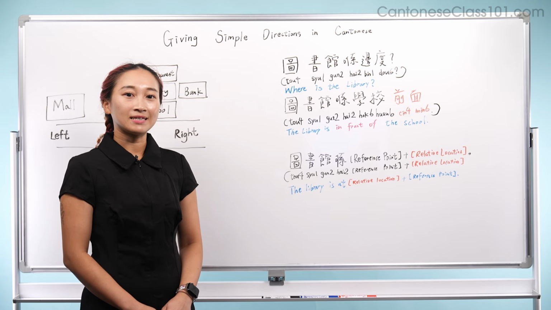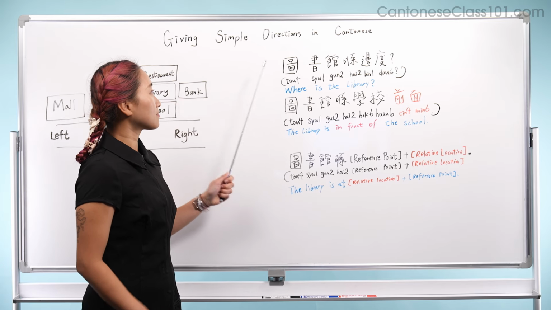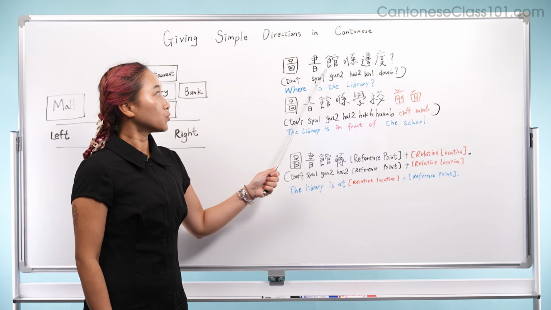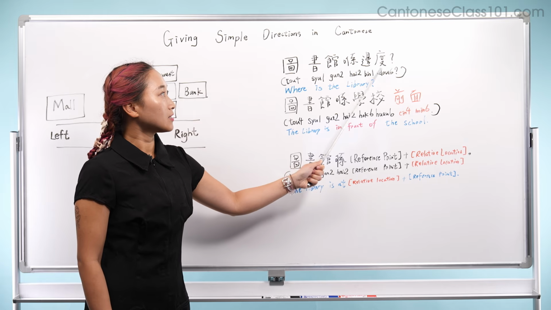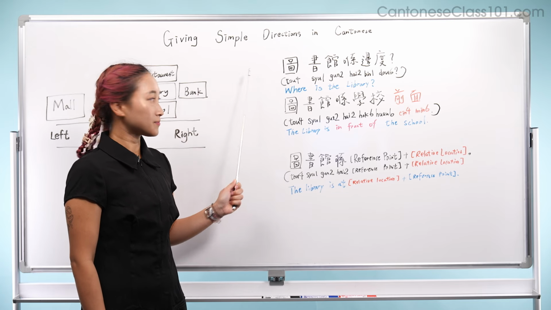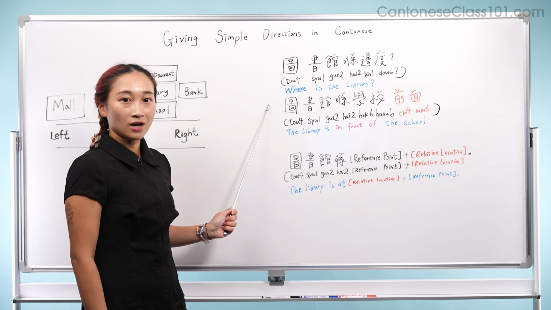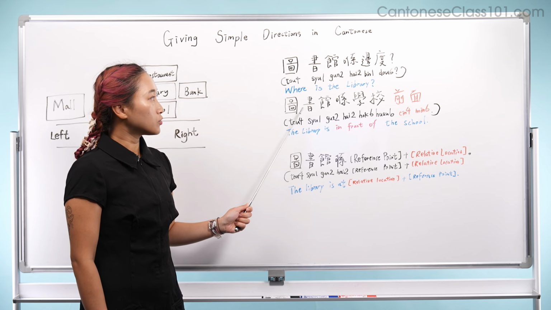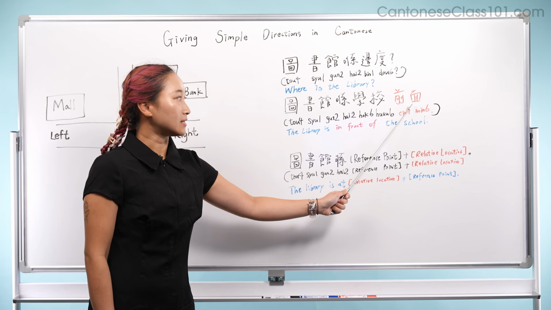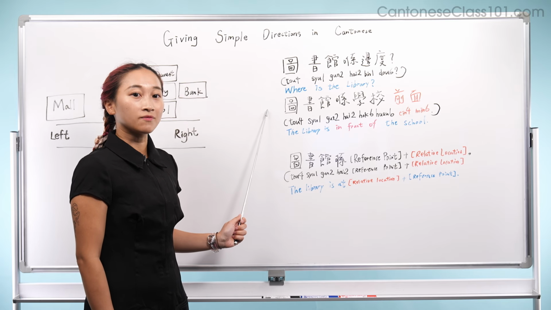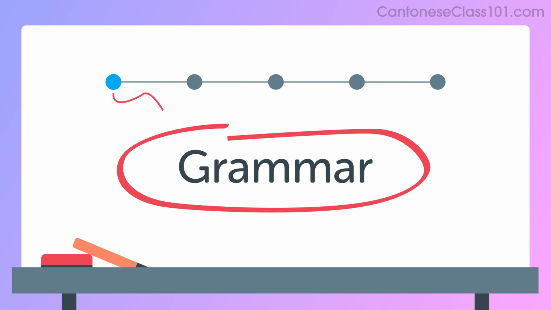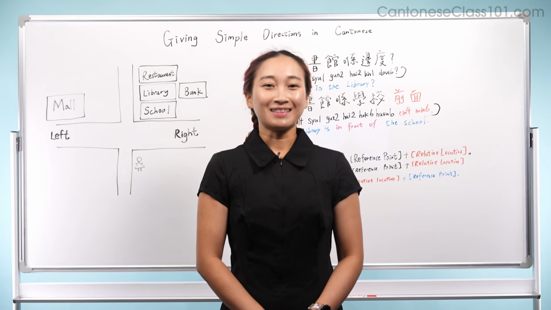Find the direction words and see how it's used in the dialogue. 圖書館喺邊度？ Where is the library? 圖書館喺學校前面。 The library is in front of the school. Let's take a look at the map.